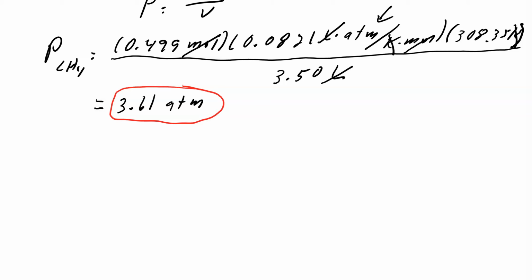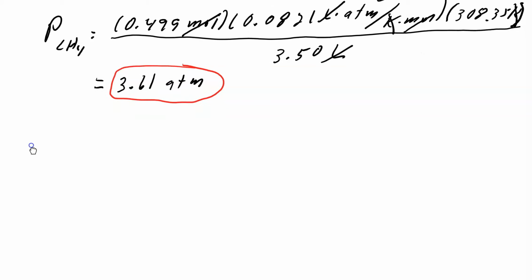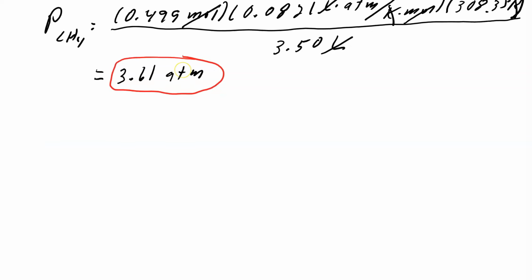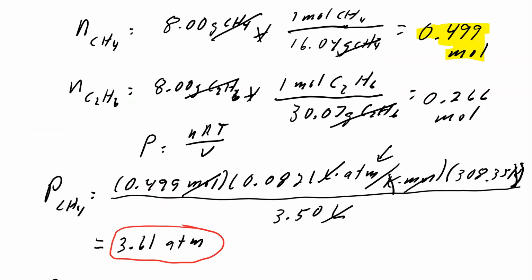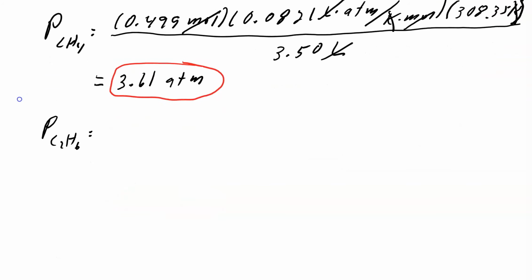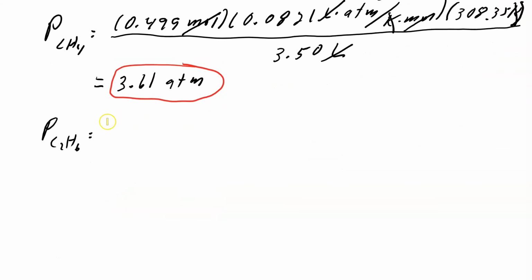We're going to have to calculate now the pressure of ethane and then add the two pressures together. So we want to make sure we keep that number sacred. So the second calculation, C2H6, pressure for ethane. Number of moles is the only thing different. Number of moles for ethane, 0.266 moles.